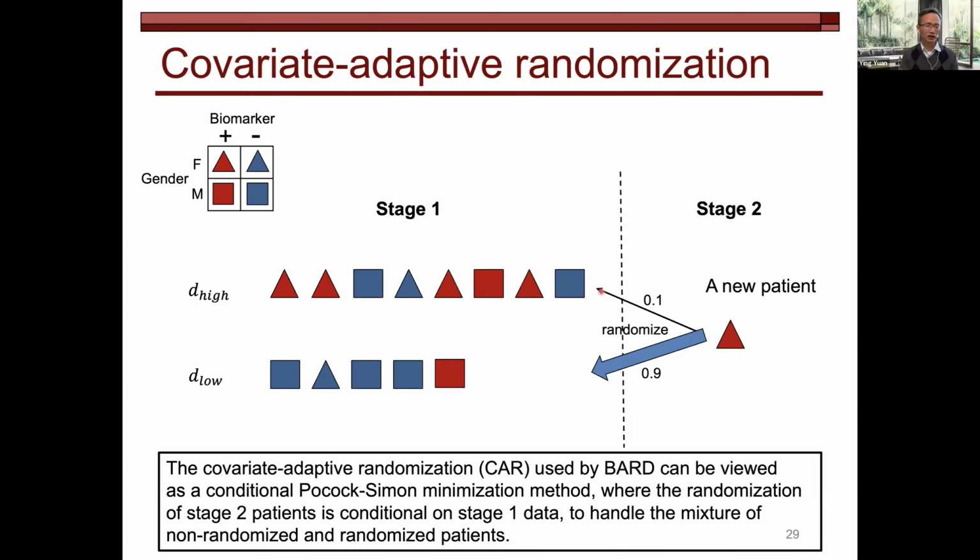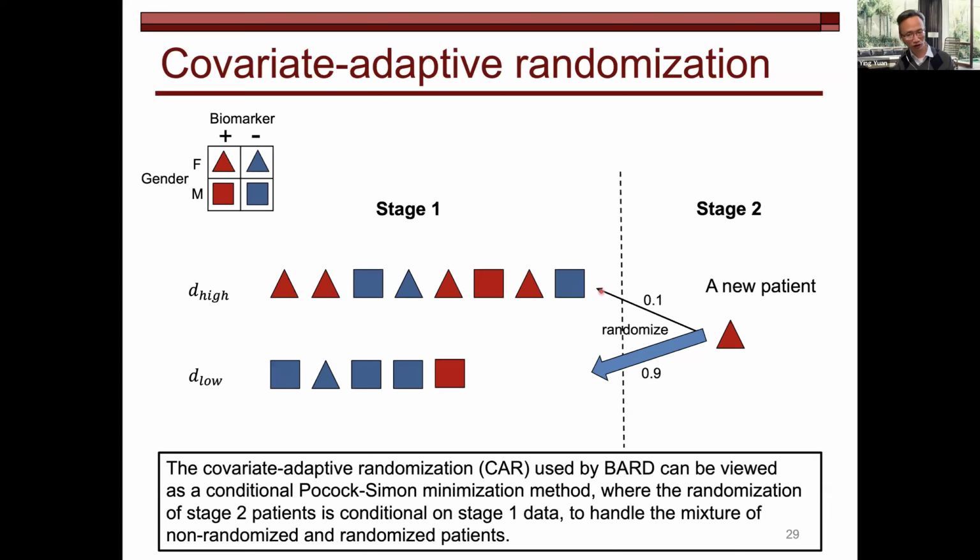So if you are familiar with this technique, you will recognize it's basically the idea of Pocock assignment minimization. But the difference from a standard Pocock minimization is that you can view this as a conditional Pocock assignment, right?